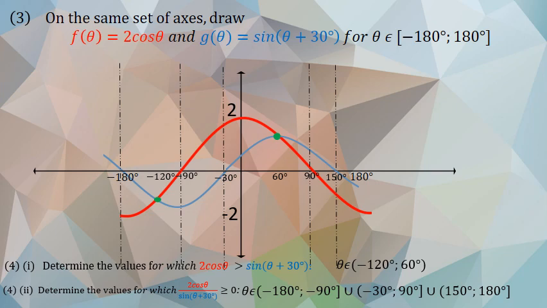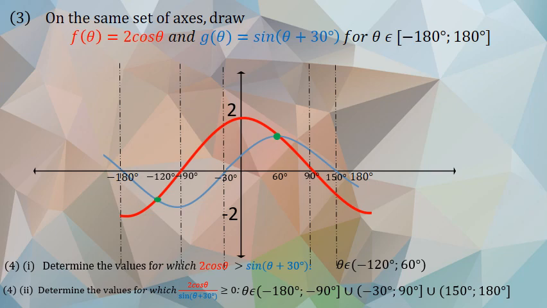However, from negative 30 all the way to positive 90, red is above the x-axis, blue is above the x-axis. Thus, if you were to take any of their y values and create a quotient of the 2, you would have a positive being divided by a positive, which would give you a positive. Cool! So negative 30 to positive 90 is also part of my answer.